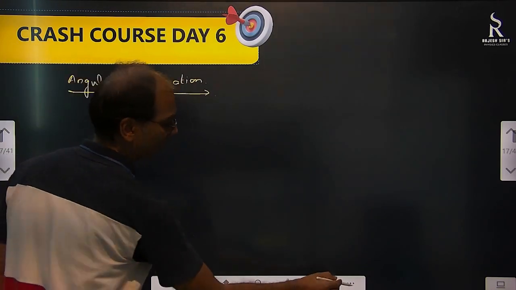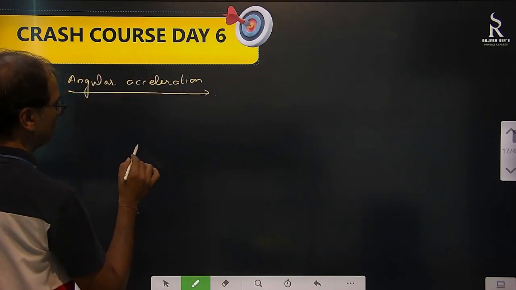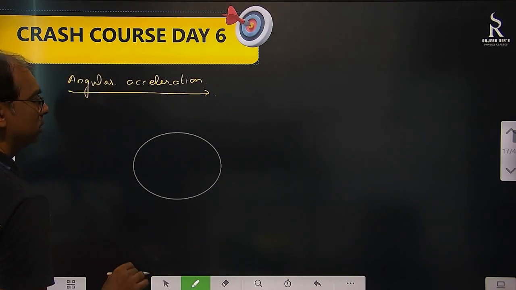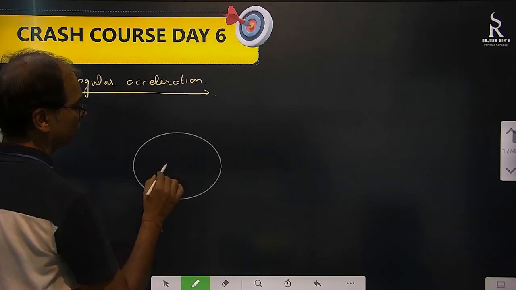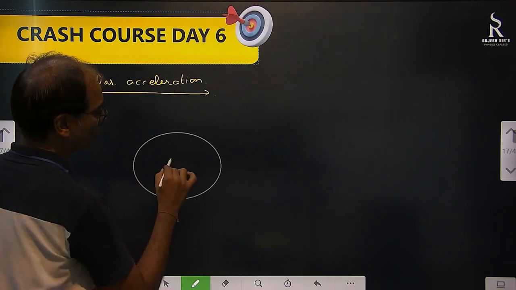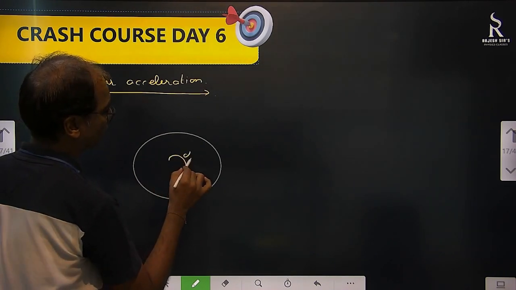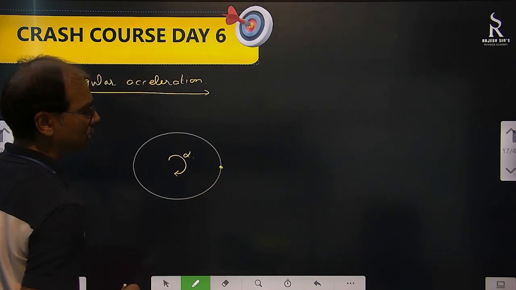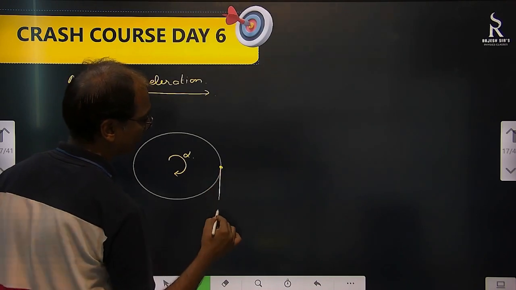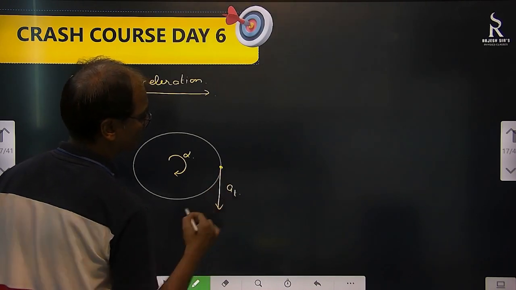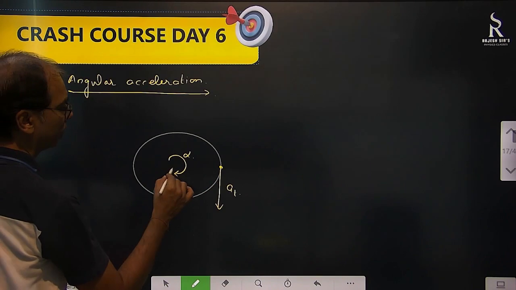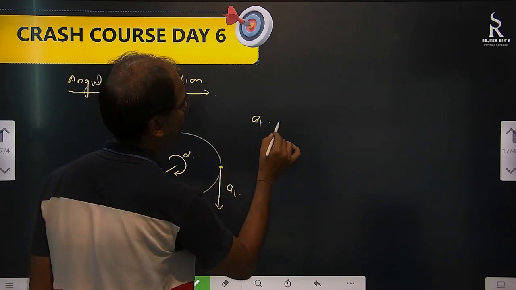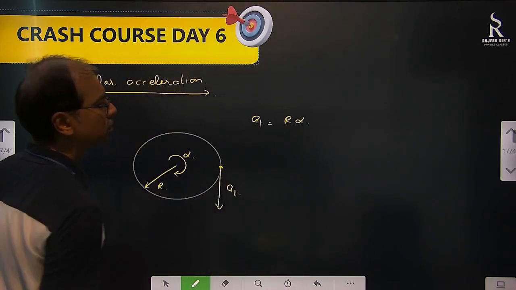So if suppose we have a ring, and this ring is having angular acceleration, alpha, when it's rotating like this, and this particle here on the circumference is having tangential acceleration. So what is the relation? If radius is r, the general relation we write is AT, tangential acceleration, equal to r.